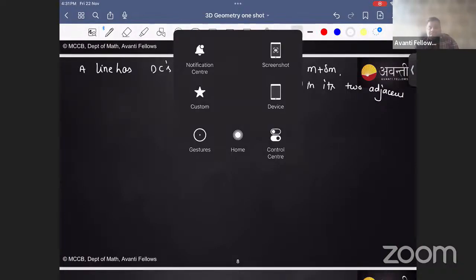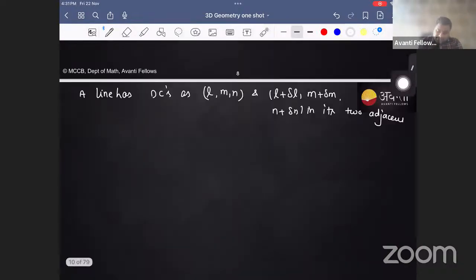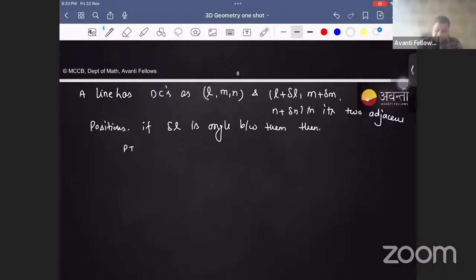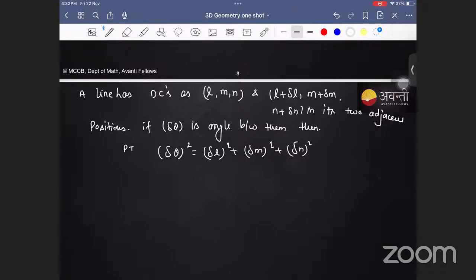Adjacent means they are very near to each other. If delta theta is the angle between them, then prove that delta theta square is delta L square plus delta M square plus delta N square. Alright guys, you just attempt it. I'll be back in a moment. Give it a thought.